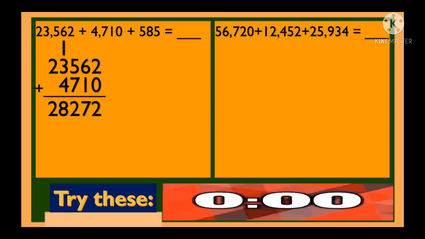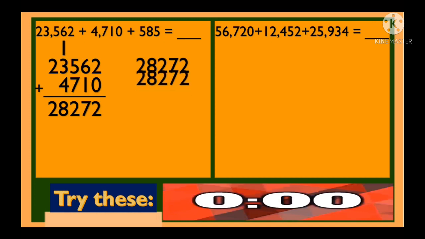Afterwards, we will copy this number to the other side, because we will add this number to the third number. So this number will go there.